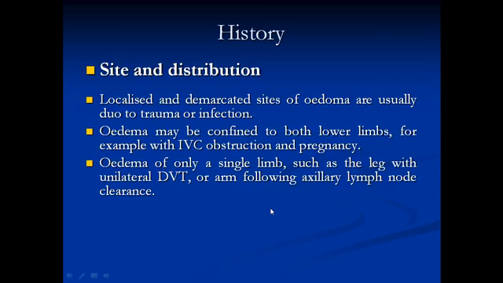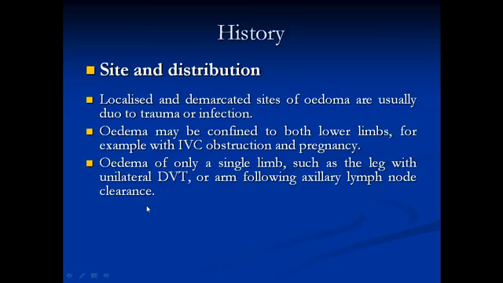So when we find a patient where edema is confined to both lower limbs, it may be due to inferior vena cava obstruction or pregnancy. Edema in only a single limb, such as the leg with unilateral deep venous thrombosis, or the arm following axillary lymph node clearance.